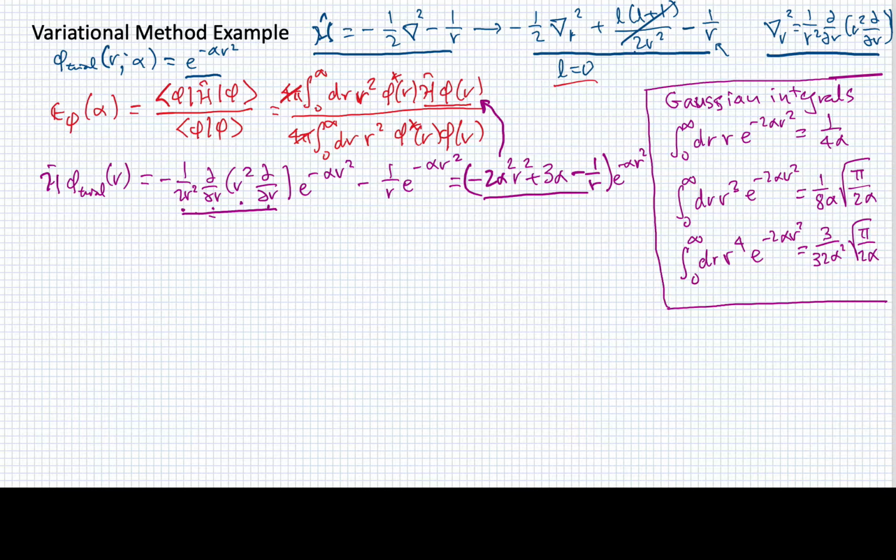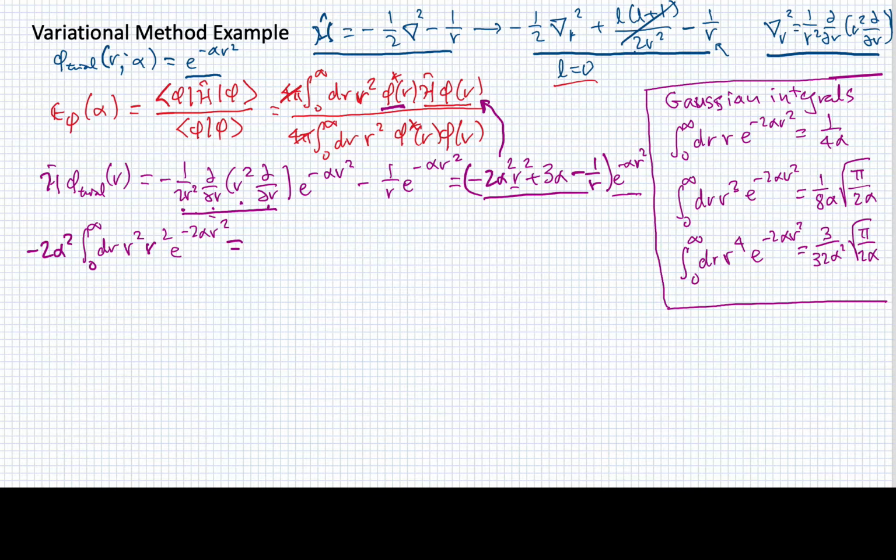So the first thing I have is minus 2 alpha squared times the integral 0 to infinity dr r squared, which is the volume element, and then I'm going to have another factor of r squared from the term, and then I have this Gaussian times the Gaussian represented by psi star, so I'll have e to the minus 2 alpha r squared.